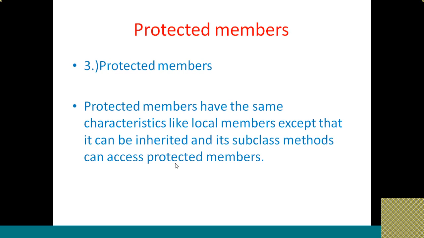Local members cannot be accessed outside the class, except that the derived class method can access the protected members, whether it's a property or a method. So the methods of the derived class can access the protected members of its parent class. This is the main thing available in protected members.